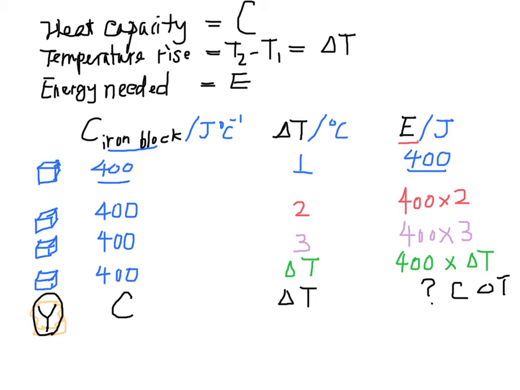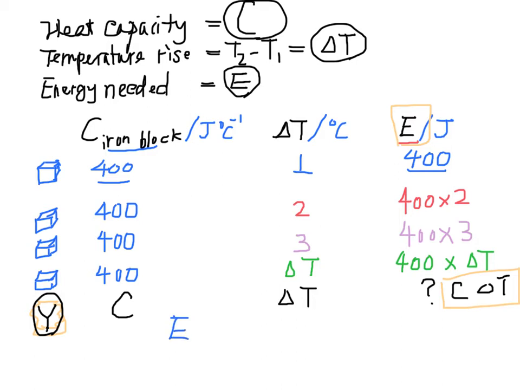Now, we will have a relation between energy needed, heat capacity, and change in temperature. The relation is E equal to C times delta T. That means energy needed equal to heat capacity times change in temperature.